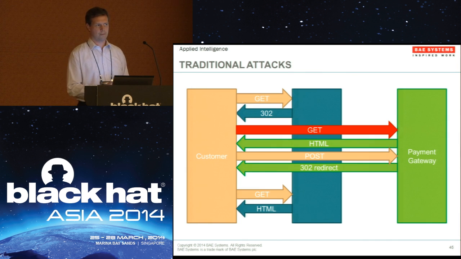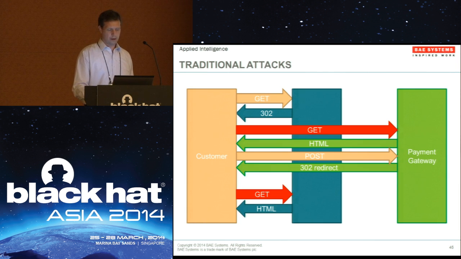It just goes, yep, status is paid, here's the receipt number, and it ships you a new iPad or a laptop, whatever. And the other thing that's typically done is to just bypass the first steps. So you go straight from the checkout page to the thank you, payment has been received page, and you just spoof a transactional detail. And since the merchant is disconnected from the payment gateway, they might not have a way to validate whether or not these details are correct.